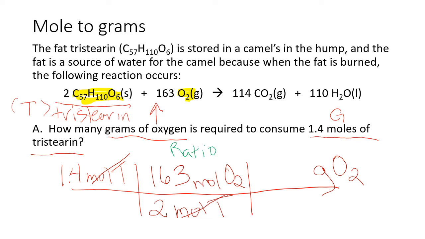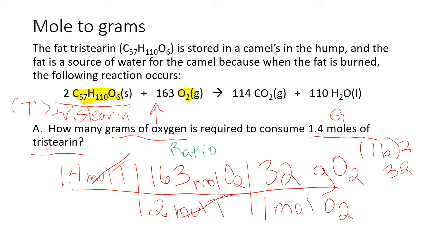Now I'm out of moles of my tristearine. I need to get to grams of oxygen, so I know that 1 mole of oxygen is equal to 32 grams. I get that 32 because oxygen has a mass of 16, I have 2 of them, times 2, so that gives me 32.